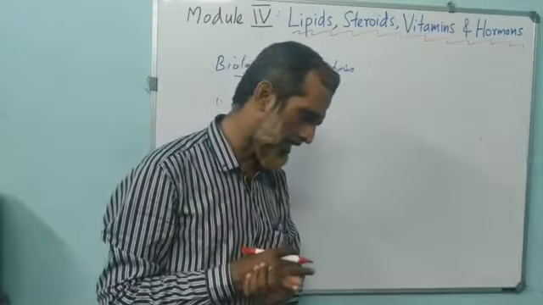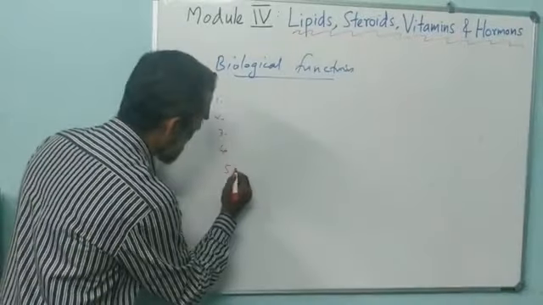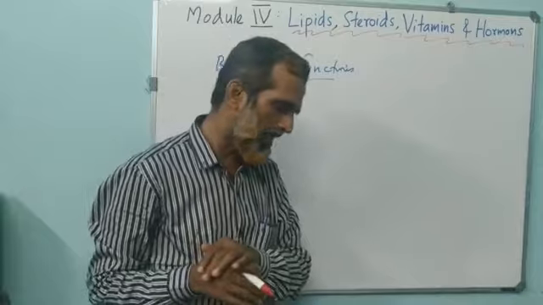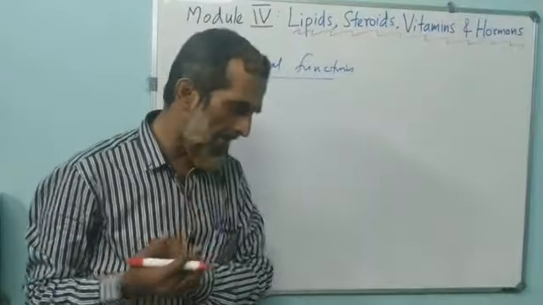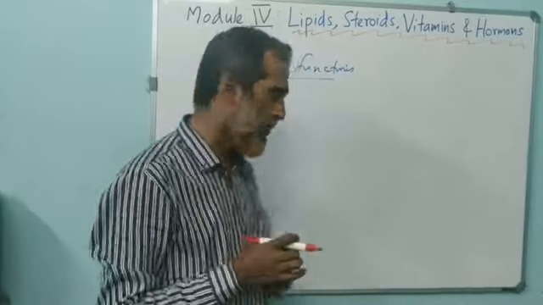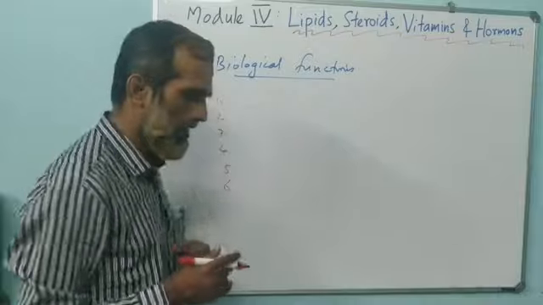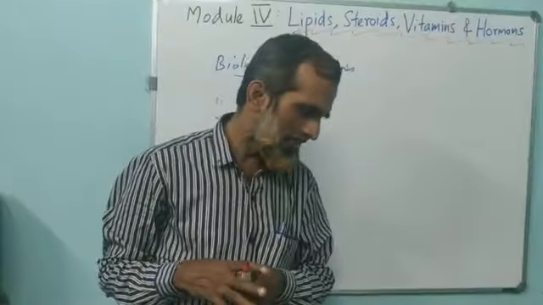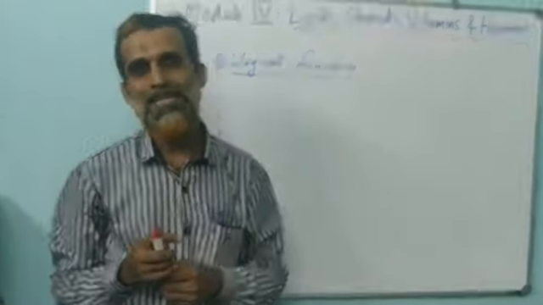Many applications are there. Another important biological function is vitamins, especially fat soluble vitamins like vitamin A, D, E, K, and also steroid hormones are essential for our body. Then lipids act as cellular metabolic regulators in our body.